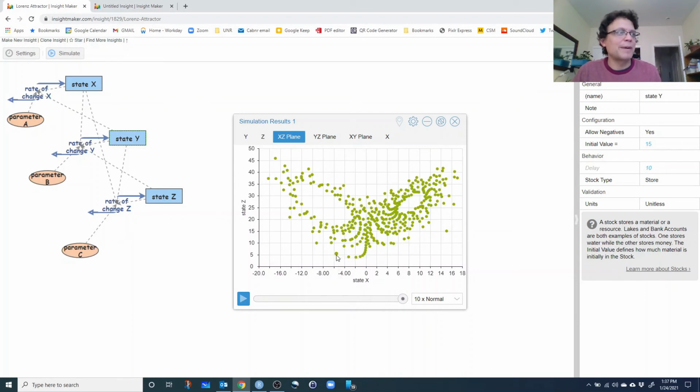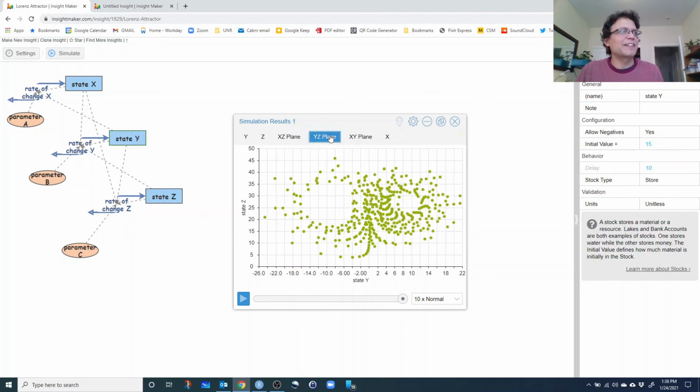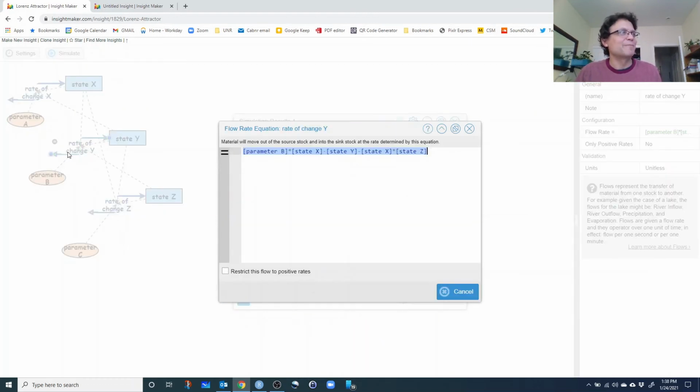There was this amount in the X stock and this amount in the Z stock, for instance. And we start to see these really complex patterns emerge. And you can look at the other planes as well and just see these really interesting, complex patterns that you would never expect based on these simple relationships that you see here.